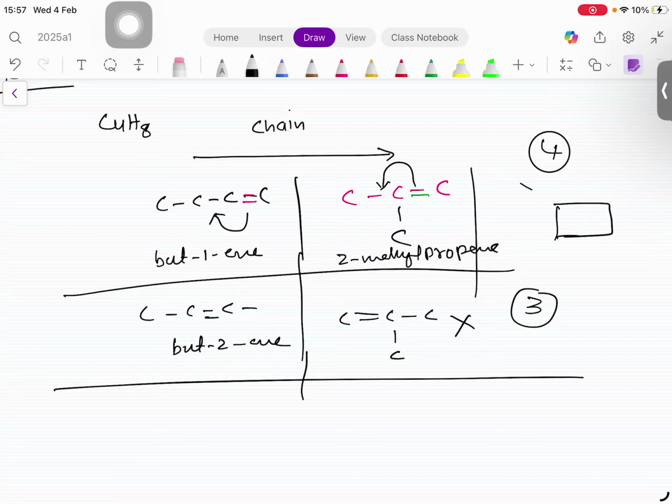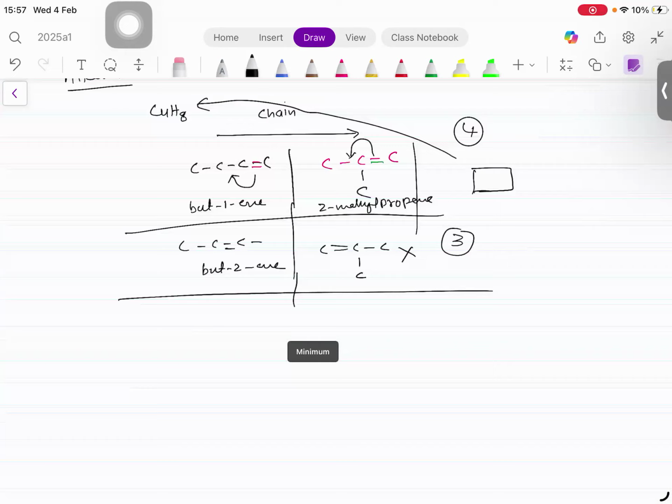Its formula is also C4H8. Cyclobutane, not ene. But if they ask you just position and chain isomers, then it is 3, otherwise 4.